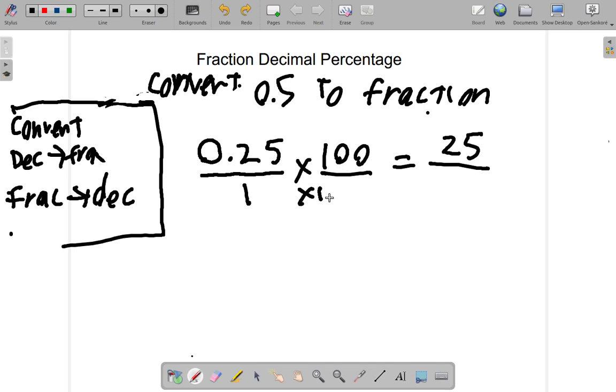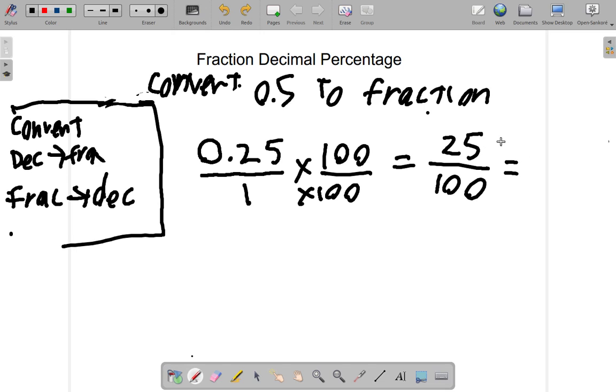Down here you multiply by 100 too. You notice 100 over 100 is 1. So it's like multiplying the 0.25 by 1. What you get is also 0.25, but it looks different, but it's the same size. So this is 25 over 100, and you can cancel down. You can say 25 into 100 goes 4 times and get a quarter.